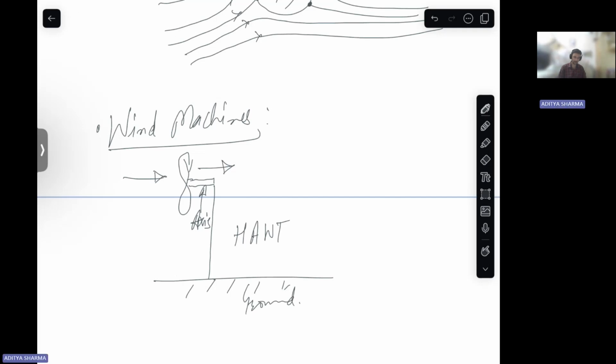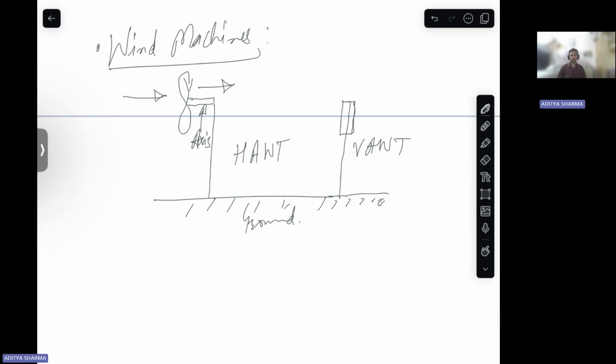If your axis is perpendicular, okay, if it is perpendicular to your ground, in that case it is VAWT. Okay. So this is basically VAWT and HAWT, and then comparisons have been drawn.